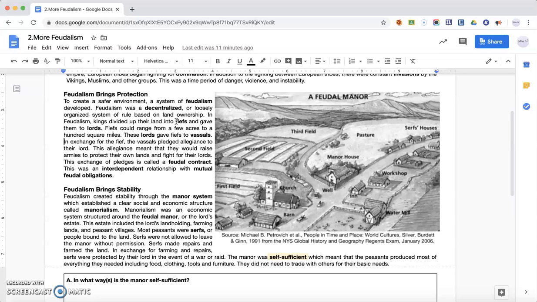They're all going to give something to each other. So instead of the economy like we have, it's kind of like a give and take situation. And all of these exchanges, I promise to give you this if you give me that, that's going to be a feudal contract. Makes sense because it's feudalism, so feudal contract. All right? Interdependent, meaning we all depend on each other.